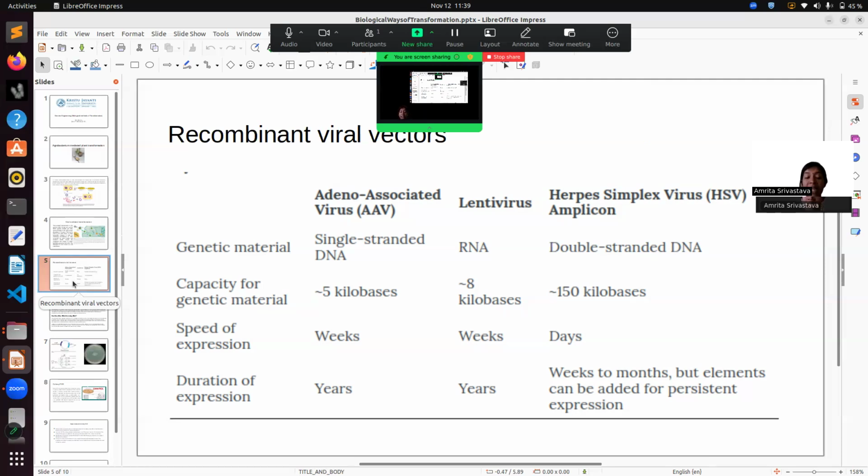Their capacity to carry the genetic material is also very different, with herpes simplex virus having the largest, extraordinarily high capability to carry a large size of genetic material. And the speed of expression and the duration of expression are also different in all the cases, and it is highlighted in the slides.